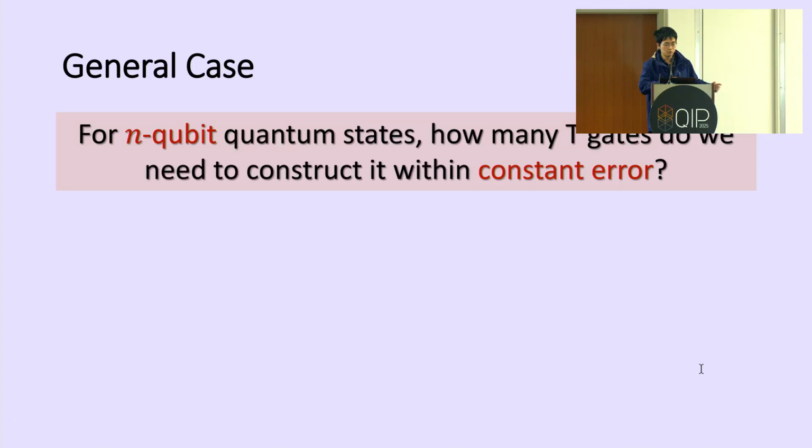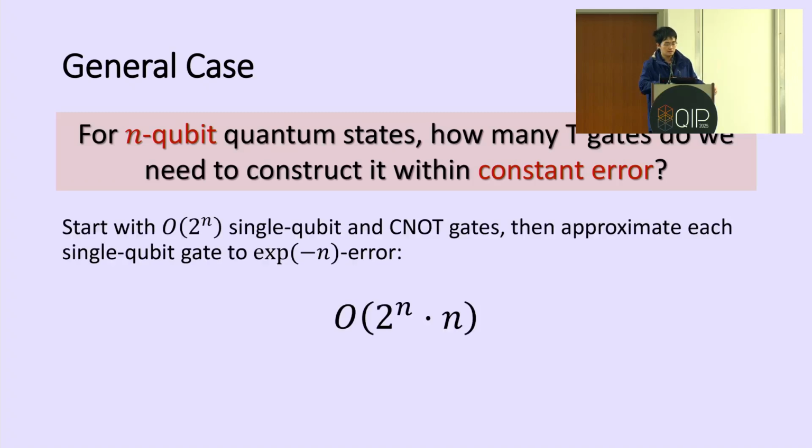And let me move to the general case. Imagine you have some n qubit quantum state and you want to implement it with the minimum number of T gates. Let's say you just want 0.001 error, so it's a constant error. You can do this by a natural attempt. Let's say we start with 2 to the n many single qubit gates with two qubit CNOT gates.